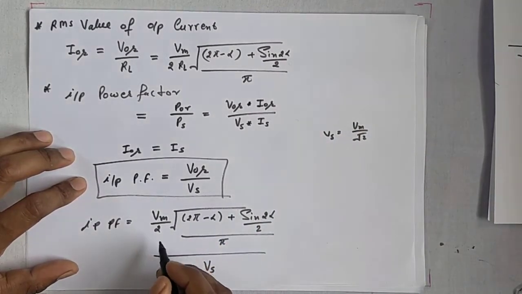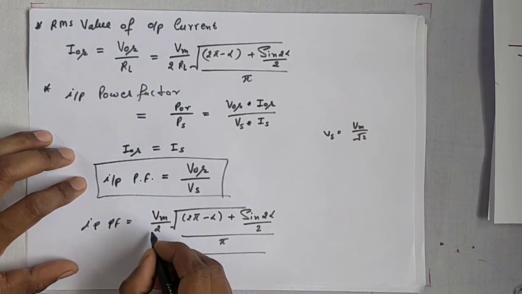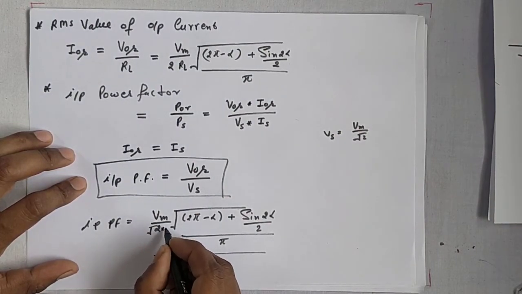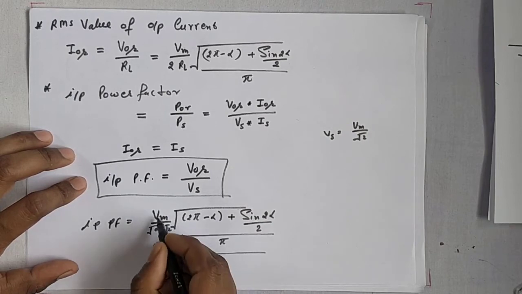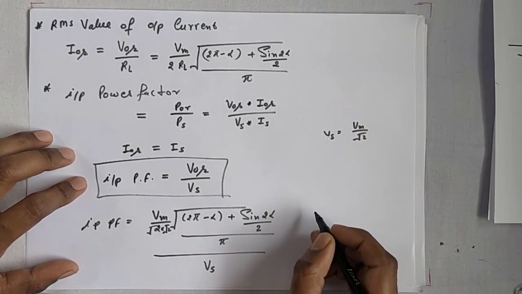So from here this is root 2 into root 2, so this is equal to VS.